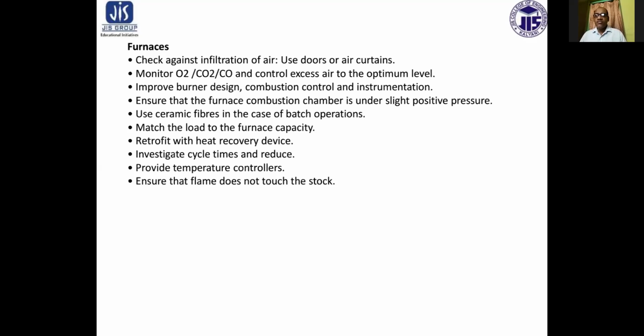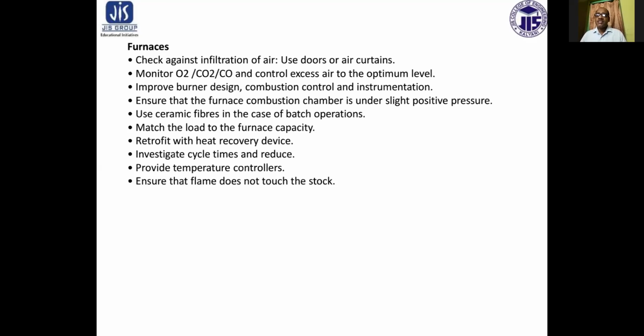If infiltration is too high, the furnace temperature would be lower, so we need to give more fuel to burn to raise or maintain the temperature in the furnace. Monitor oxygen, carbon dioxide and carbon monoxide levels and control excess air to the optimum level.